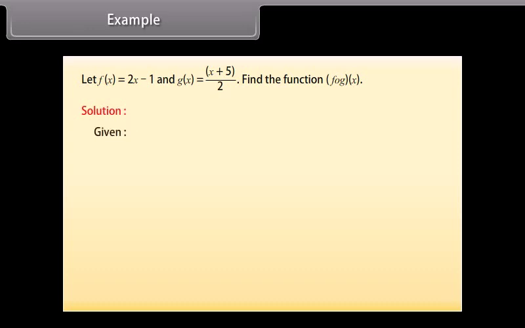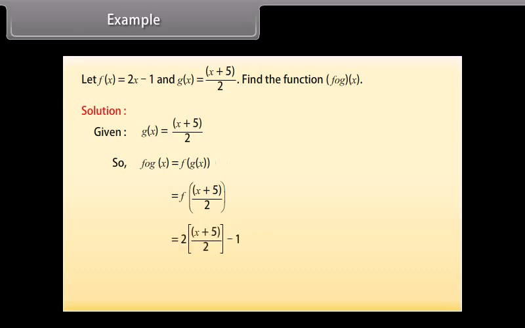Given g(x) = (x + 5)/2. So, f(g(x)) = f((x + 5)/2) = 2 × (x + 5)/2 − 1 = x + 5 − 1 = x + 4.